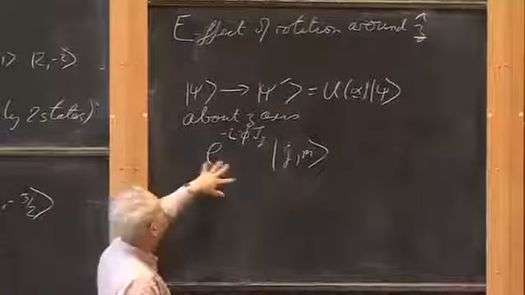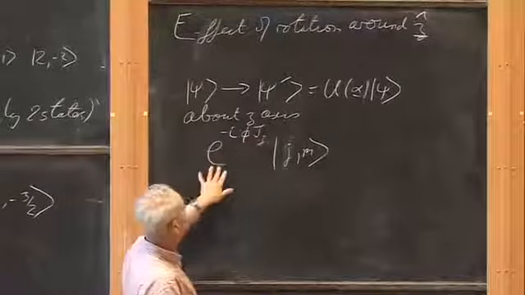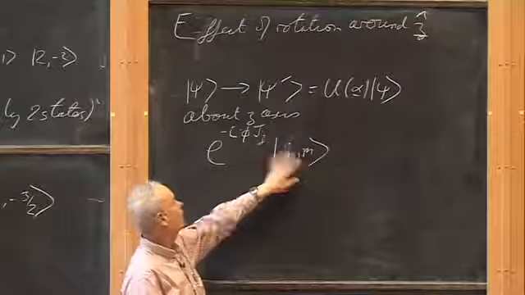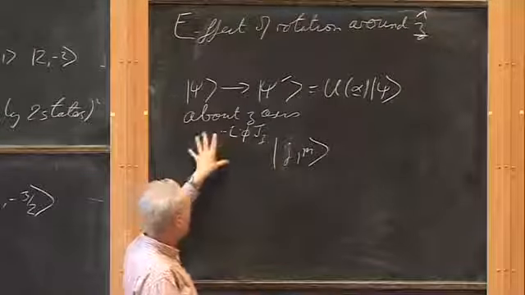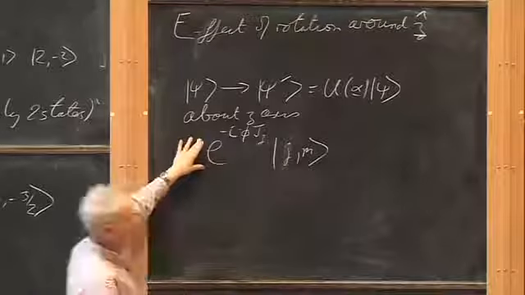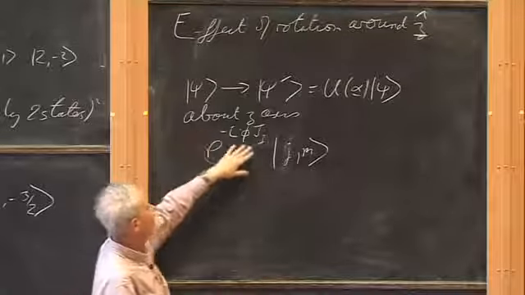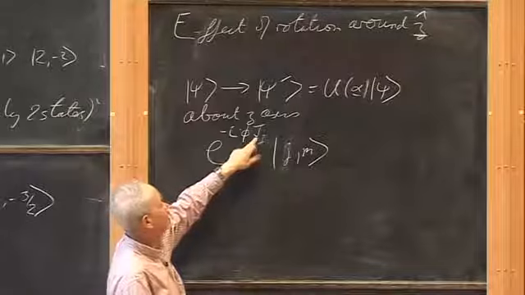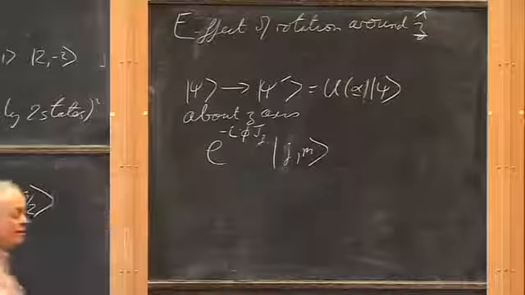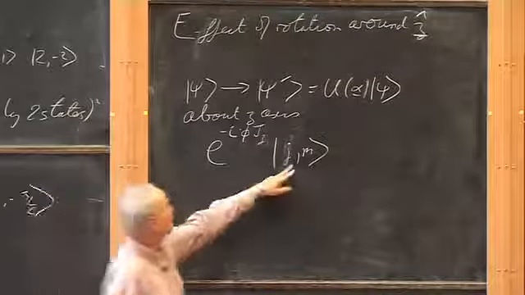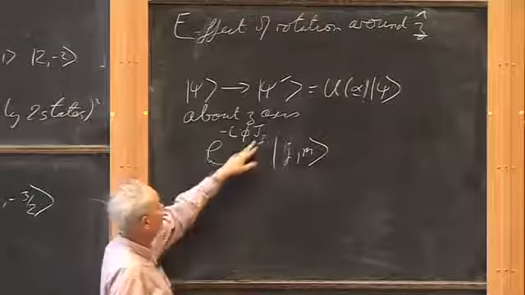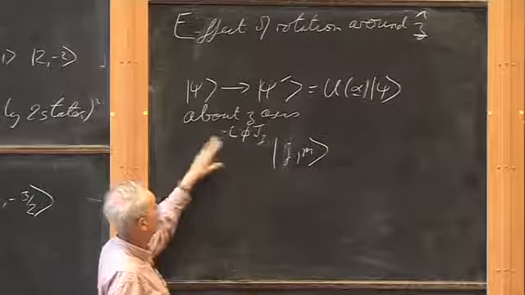Well, this is a function of an operator, so by the definition of a function of an operator, it has the same eigenstates as the operator whose function it is. So this thing is an eigenstate of this operator, and the eigenvalue is the function of the eigenvalue.